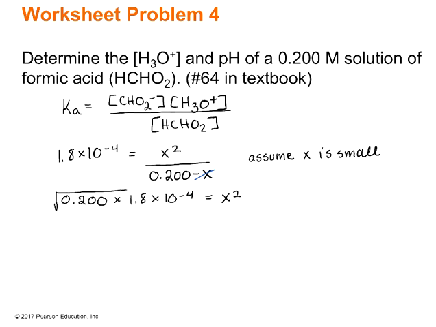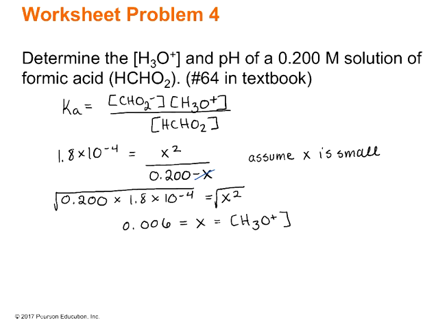And we just take the square root of both sides to find X. So X should equal 0.006. And remember, this is also equal to the concentration of hydronium ions.